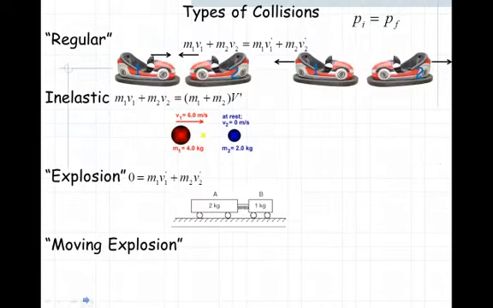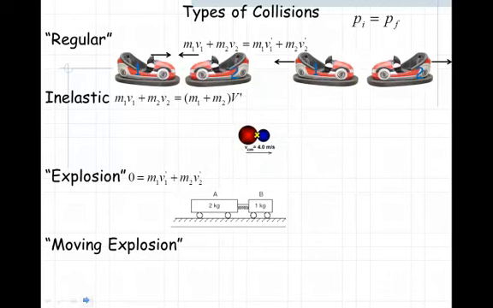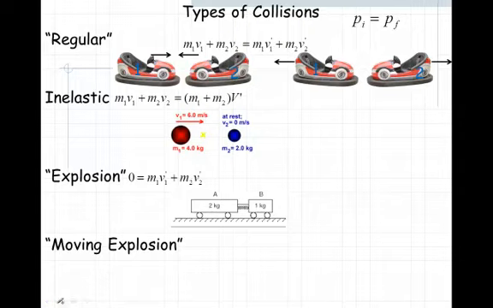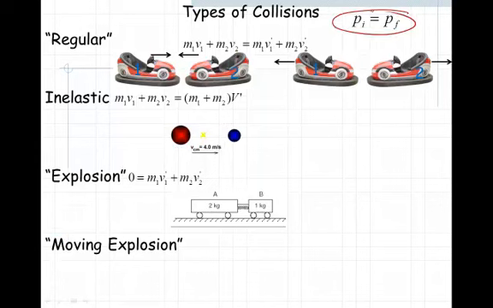All right, now here are some types of collisions. With these types of collisions, we will always use conservation of momentum as our most important equation, that equation there. Now I've come up with these terms. I came up with this term of regular collisions. A regular two-body collision would use that type of equation there.